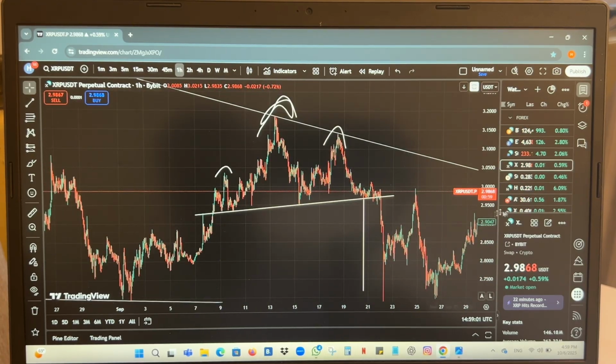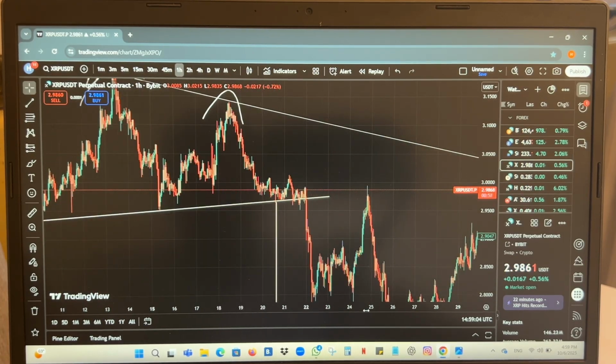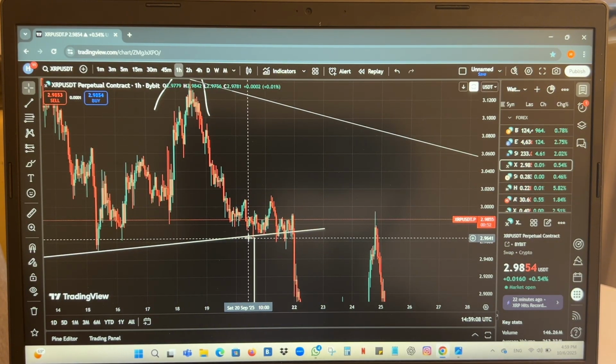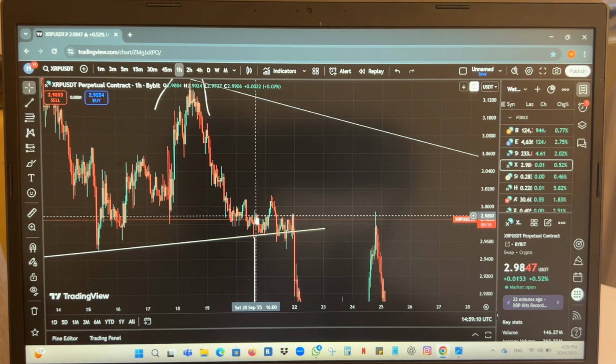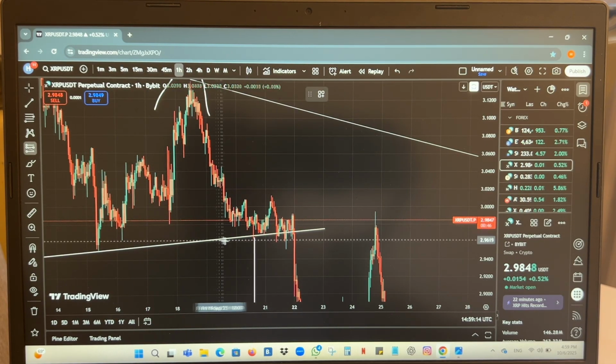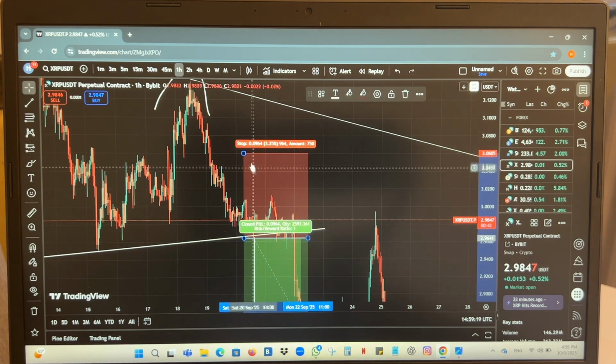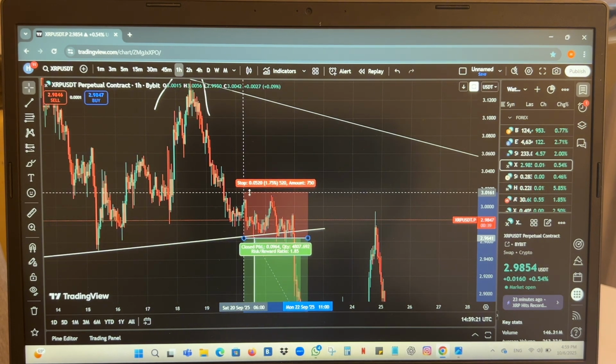So you need to zoom in. This is where it actually broke the market, but for the retest it went up. So at this position you put your entry, the limit orders here, and you wait for it to get hunted.